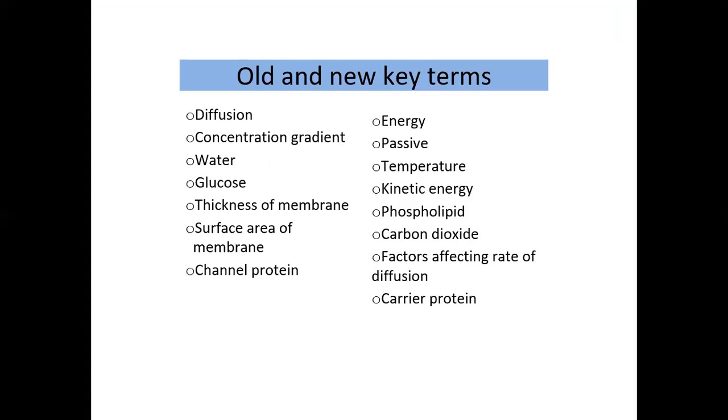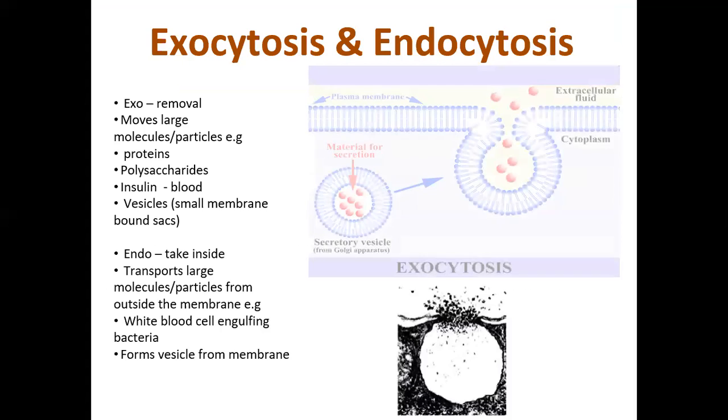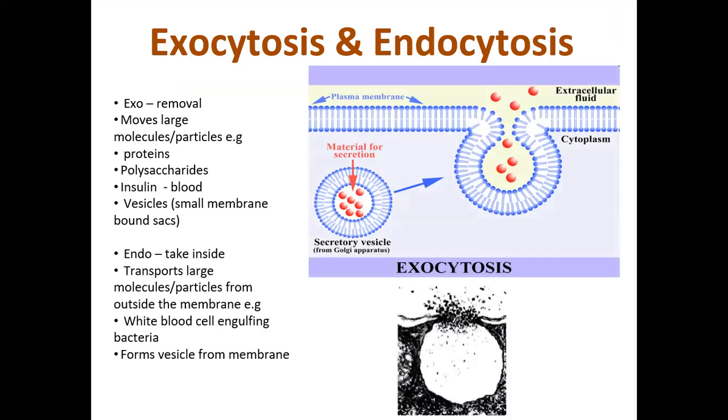Simple diffusion. So exocytosis and endocytosis. These are two new terms. They're actually quite self-explanatory. Exocytosis is the removal of molecules from inside the cell, and this is when we have large molecules, large particles, large amounts of them being moved out of the cell.